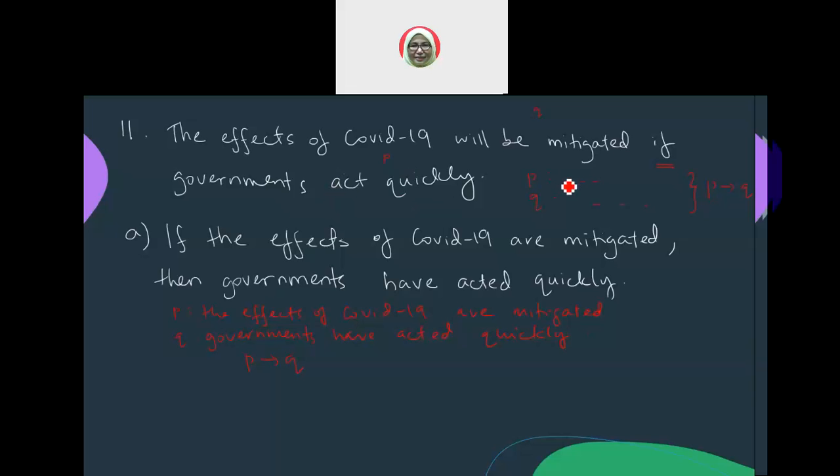So for this given statement, P is defined as governments act quickly. Then Q is the effects of COVID-19 will be mitigated.